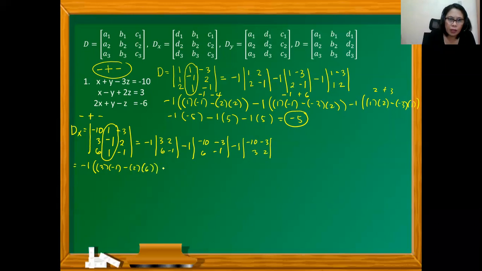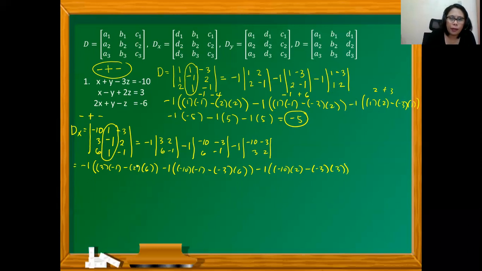And then negative 1 quantity, the product of negative 10 and negative 1 minus the product of negative 3 and 6, minus 1 quantity negative 10 times 2 minus the product of negative 3 and 3.